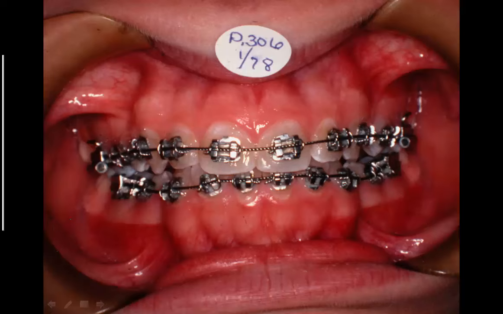Now here she is later in life, and we came back and bracketed the teeth and lined things up much better. This was 1978.